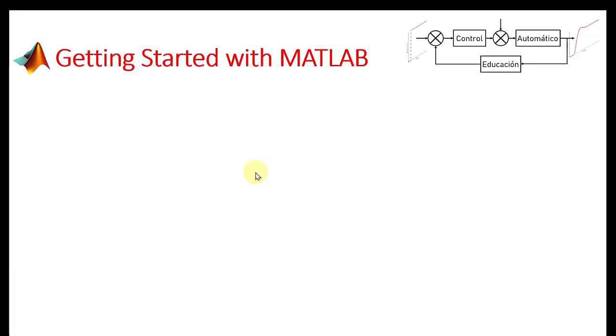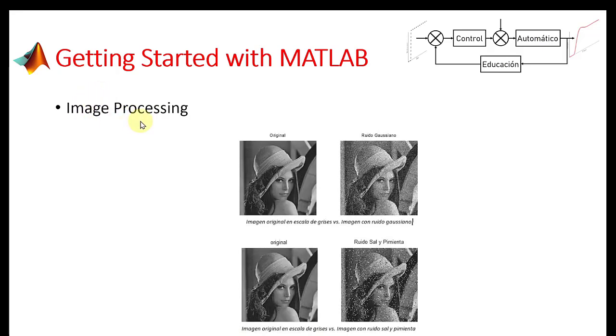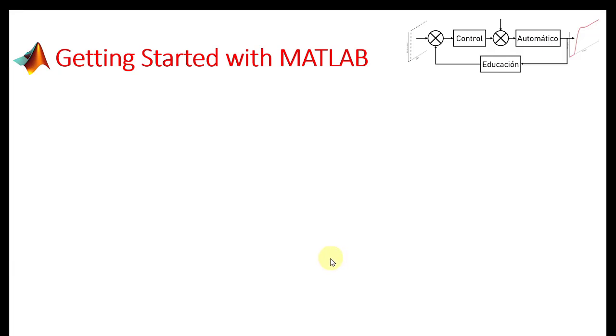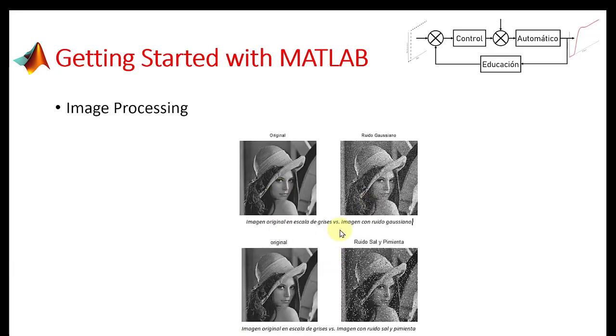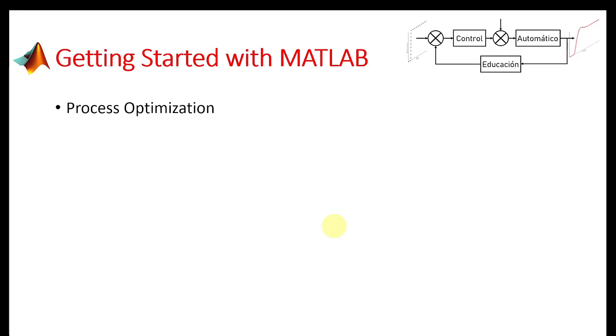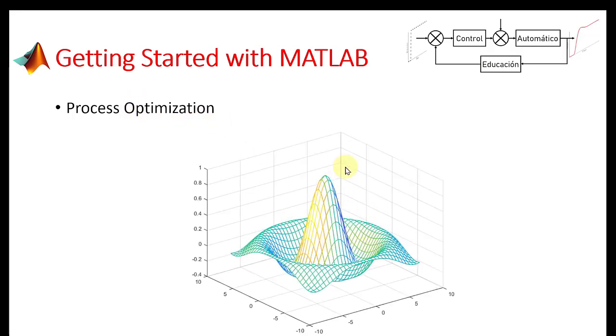We can also use MATLAB for image processing, detecting faces, objects, or defects. There are toolboxes for image capture and analysis. It's also widely used in process optimization, helping us find maximums, minimums, global optima, or best operating points in systems including financial ones.